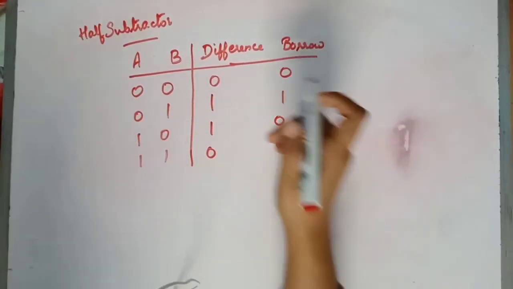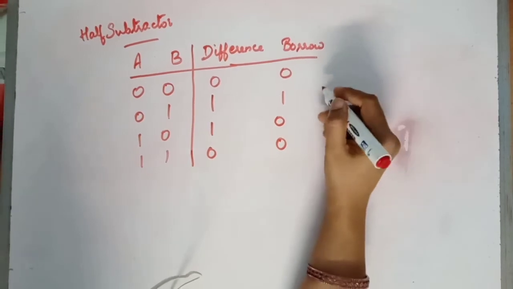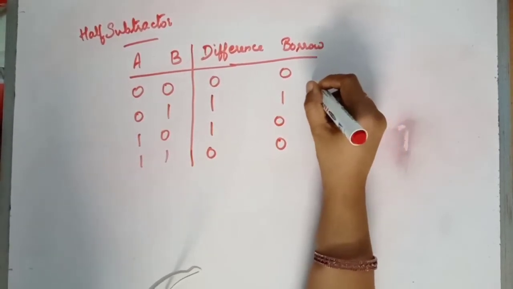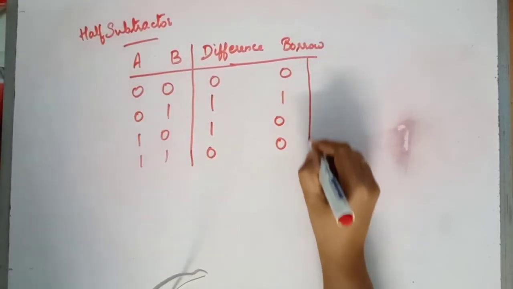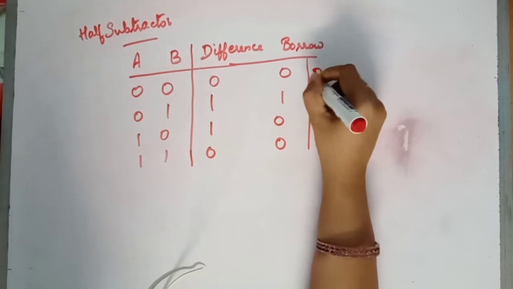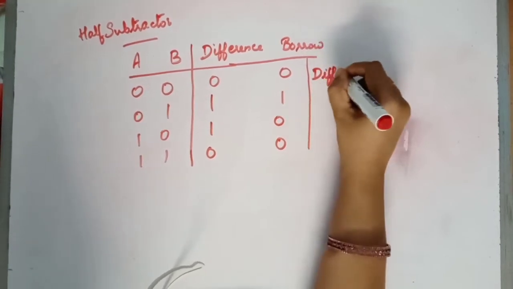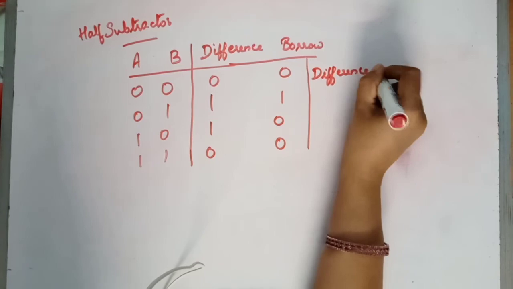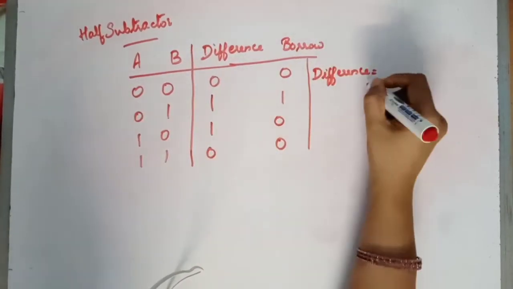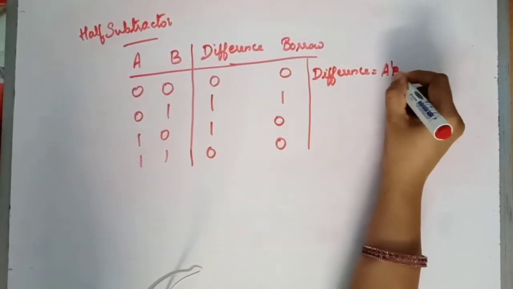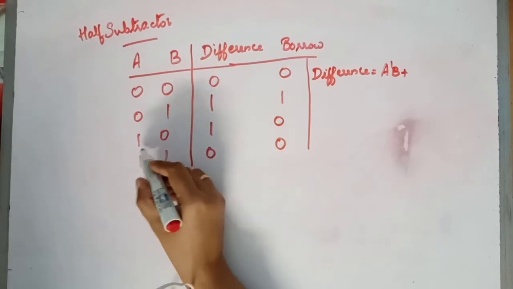Okay. Here also, if I am to write the equation for difference and borrow, difference is A bar B plus A B bar.